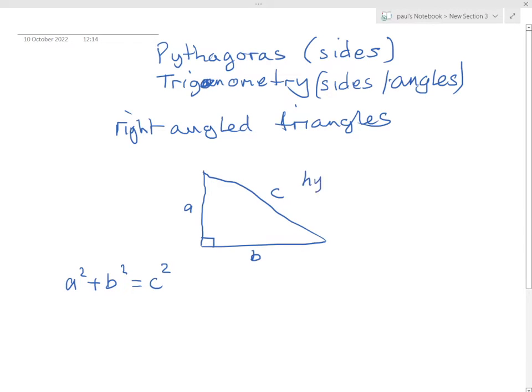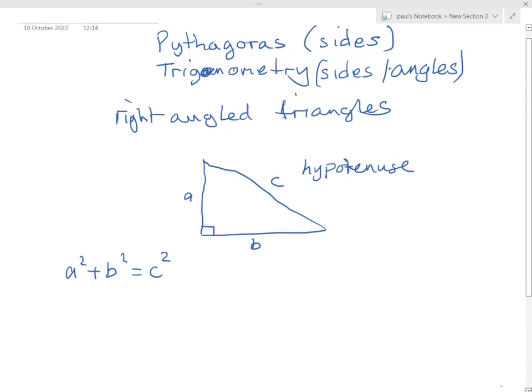This is the hypotenuse. Yeah. So if you've got a triangle and you've got some numbers in it and you want to find the hypotenuse, all you do is call that 10, call that, I don't know, 12.